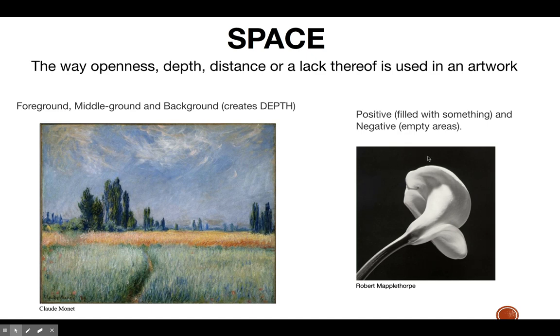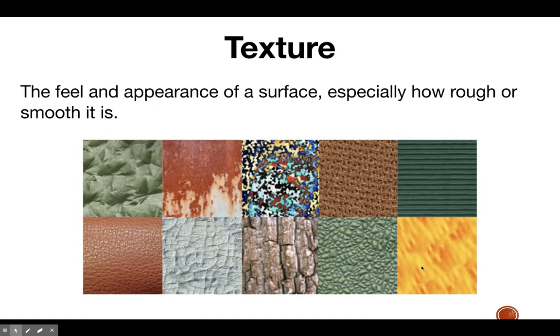Think about outer space in this sense. If you were to look at a picture of Earth, space would be the negative space, right? So all that black space, and then Earth would be the positive space. So the thing that has something, something that you can see, is positive, and then the blankness is the negative space.